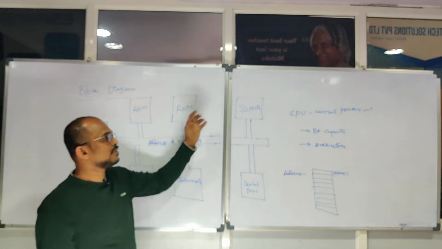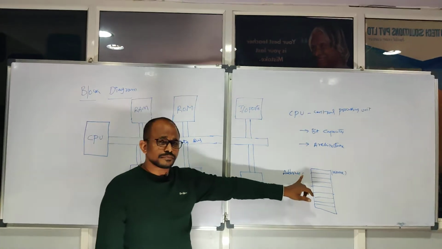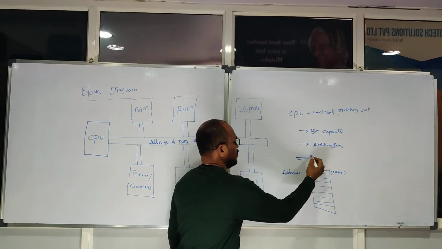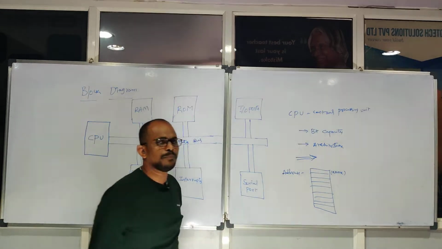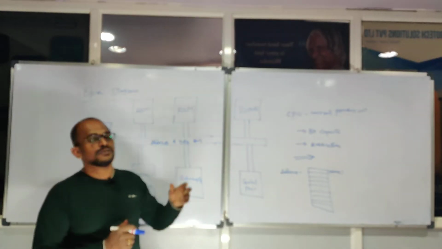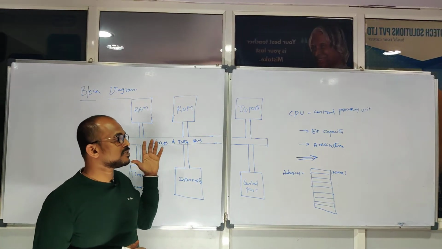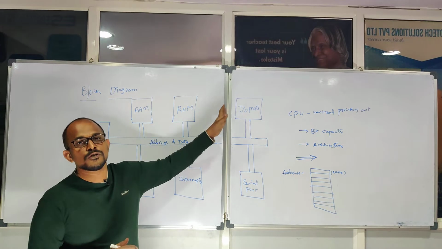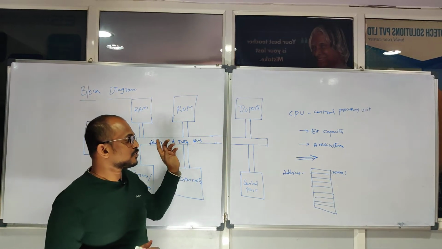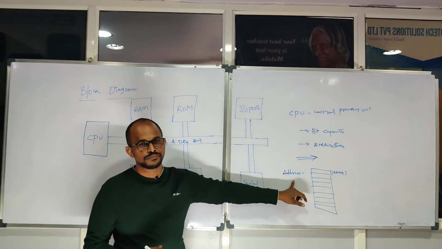The address bus helps us to access the block by its name, and the address bus is always unidirectional. Your CPU only has the right to access any peripheral here. No peripheral has the right to access the CPU. Whenever the CPU calls so-and-so address, that particular peripheral will respond. To carry that address you need this address bus.